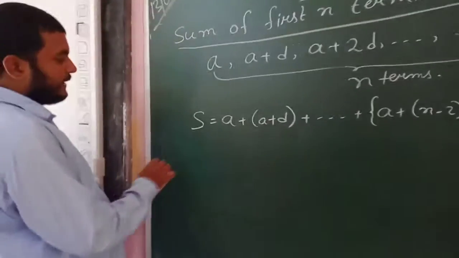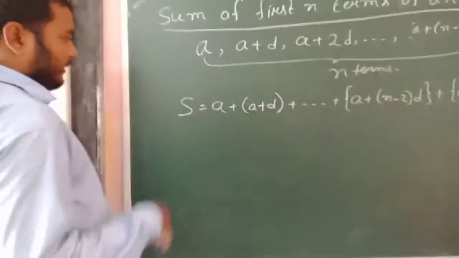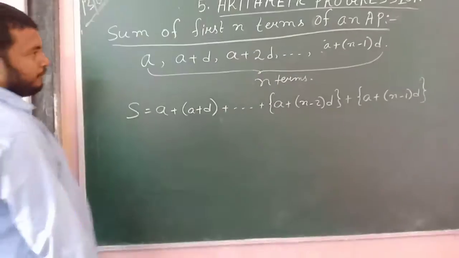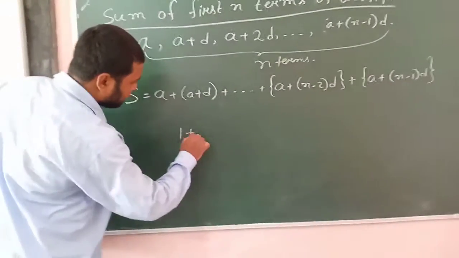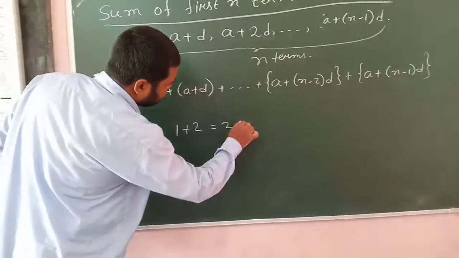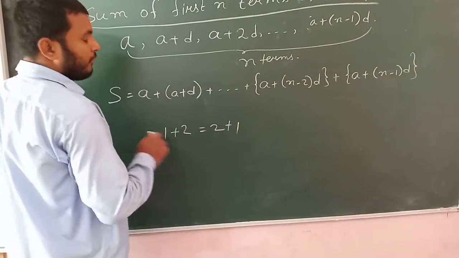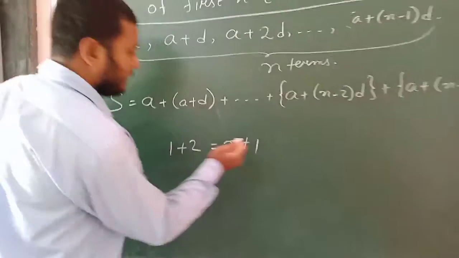Now we write this sum in reverse order. We know that 1 plus 2 and 2 plus 1 are equal, so reversing the order does not affect the sum.